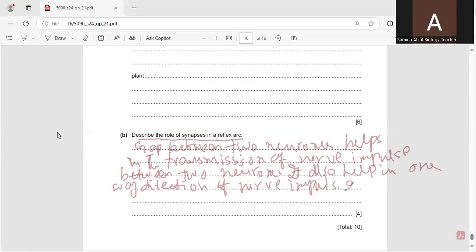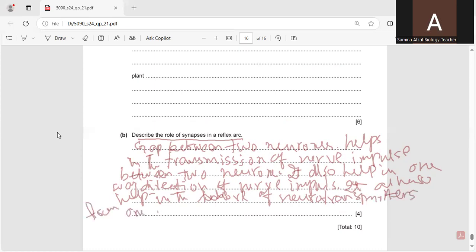And secondly, it also helps in the movement of neurotransmitter from one neuron to the other by binding.